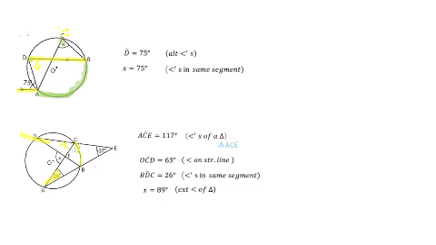The common mistake that children do here is they consider DA as an arc, which is correct. DA is an arc which is subtending this angle X and this angle E, right? But X is not the center.